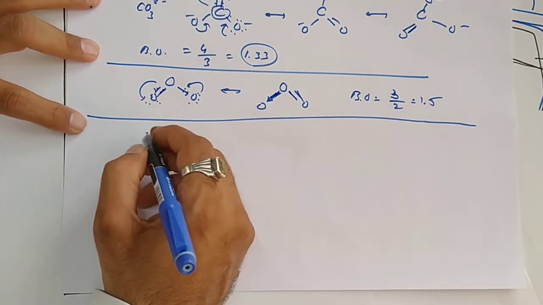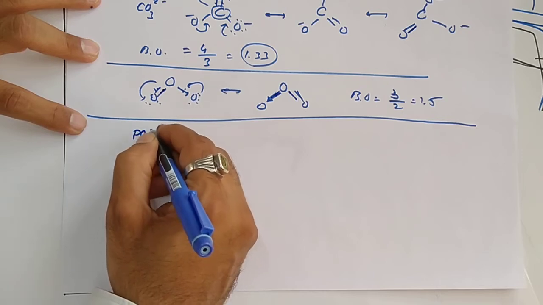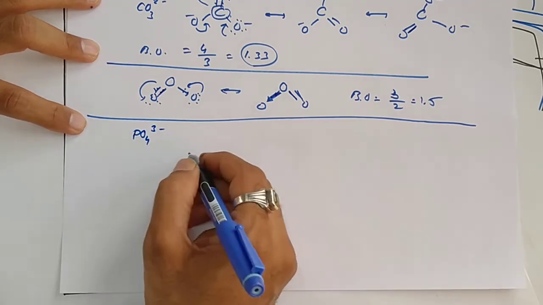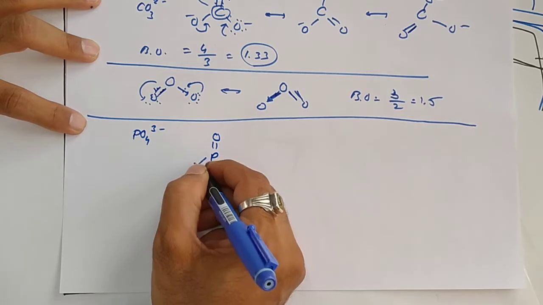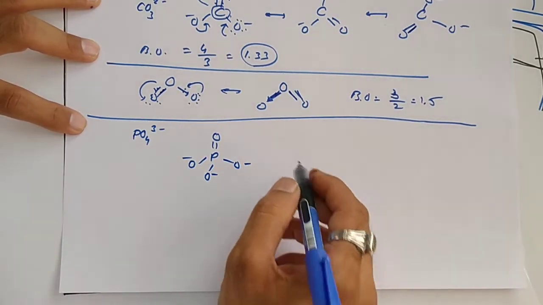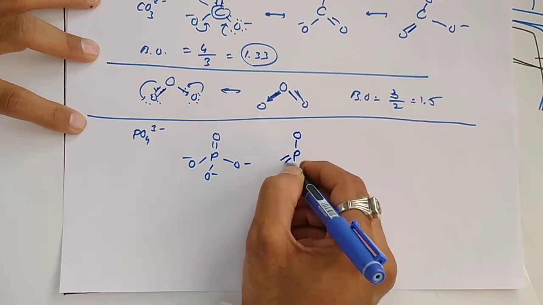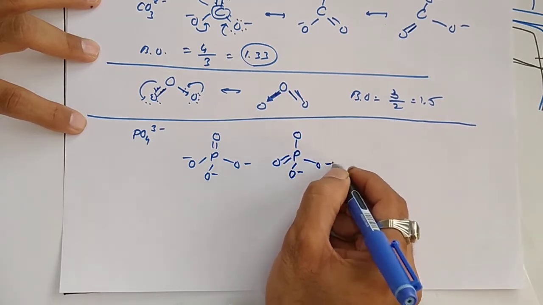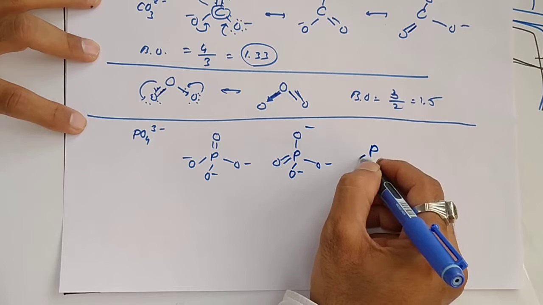Now what about phosphate? PO4 3 minus, 1 phosphorus and 3 oxygen. So actually here the resonating structures are 4.